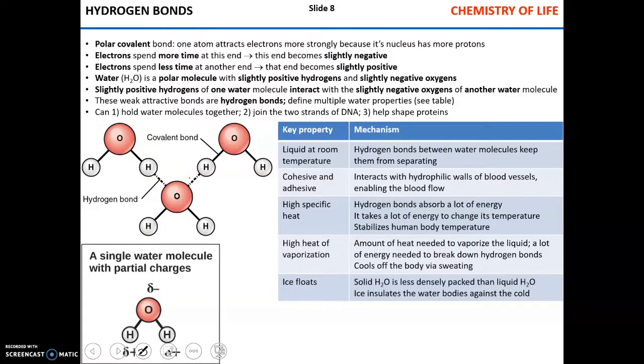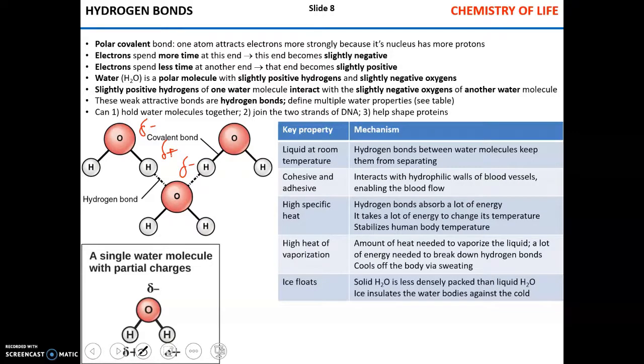So let's take a look at the molecule of water. In a molecule of water, as we mentioned, there is a slight negative charge at oxygen, slight positive charge at hydrogen. So what does that mean?